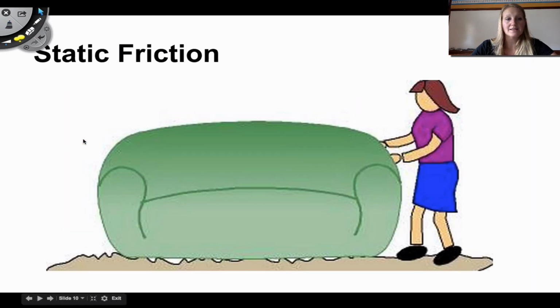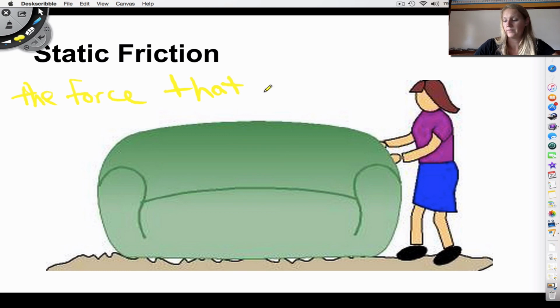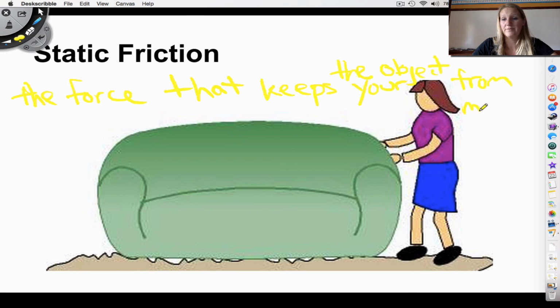And so the next type is called static friction. Static friction is the force that keeps the object from moving at all.